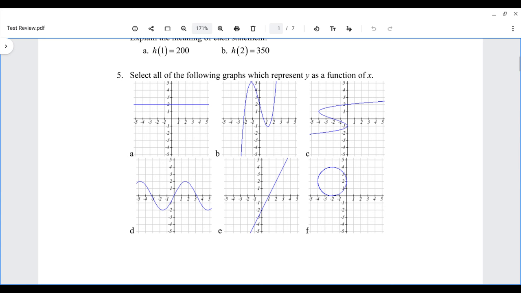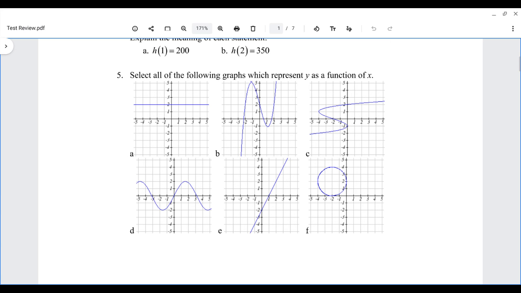So question number 5. Select all of the following graphs which represent y as a function of x. So here, basically you have graphs, and we know what a function is. A function is where every x has a unique y, or you can use the vertical line test.